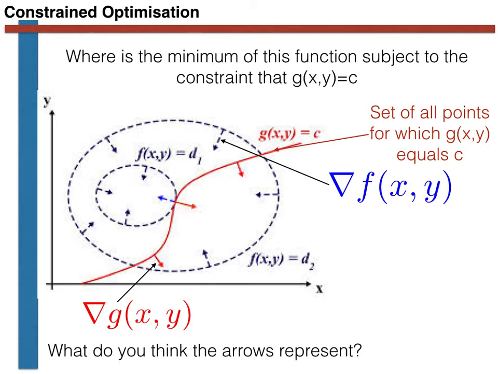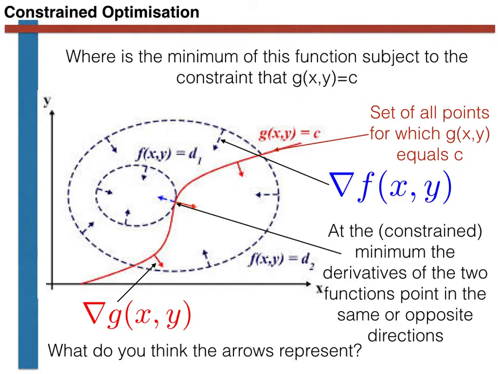Now notice something very interesting from this figure. At the constrained minimum, the point where f of x and y is minimized subject to the constraint that g of x and y is equal to c, the grad of f of x and y and the grad of g of x and y point in the same or opposite directions.